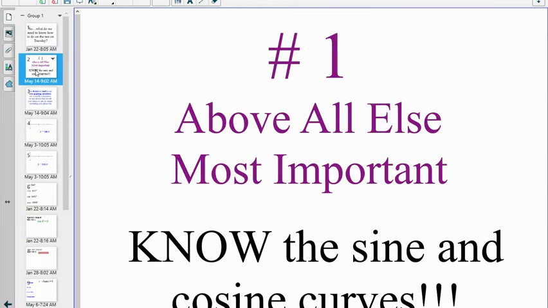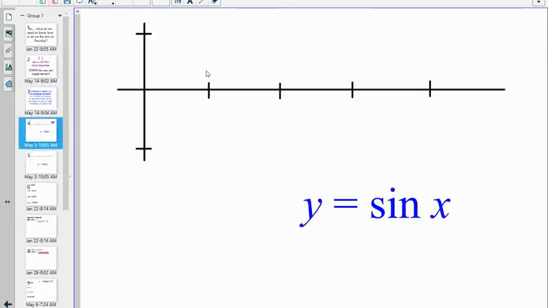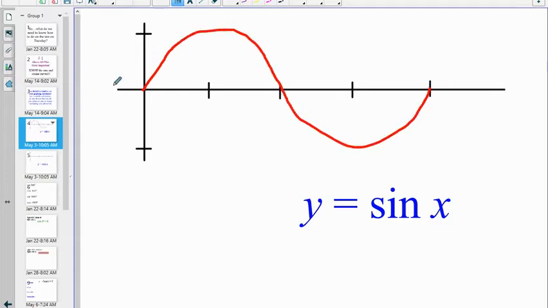When I say, above all else, know the sine and cosine curves, it's got to be automatic at this point that we know a sine curve has this kind of a shape. That's one full period of the sine curve. I will use the phrase it starts at 0. Technically, there is no start or finish because it goes on indefinitely in both directions.